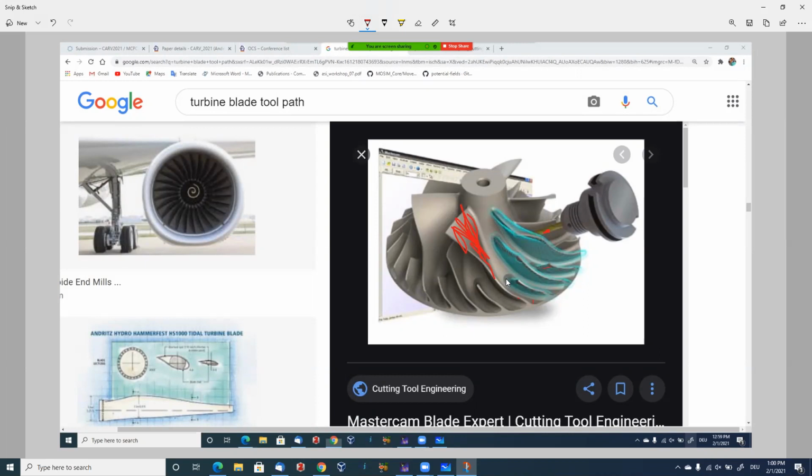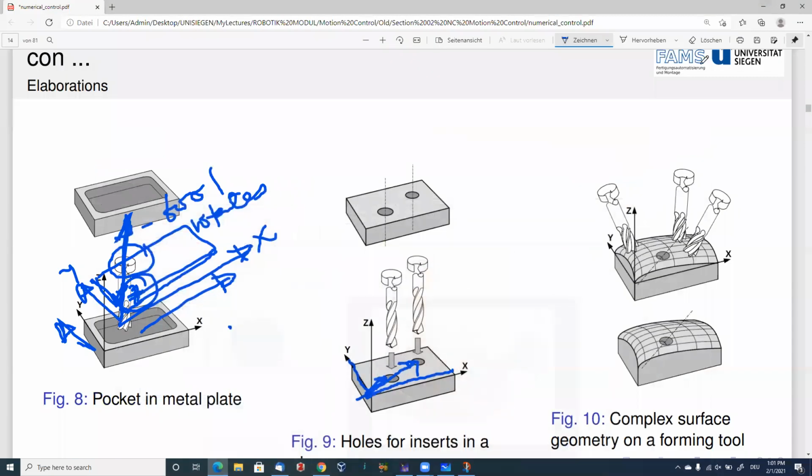So this time, the question is, how do you assign your reference frame? How do you generate the path and so on? This has to be addressed. Actually here, on figure 10, there's a complex surface, and on this complex surface there is a mesh.